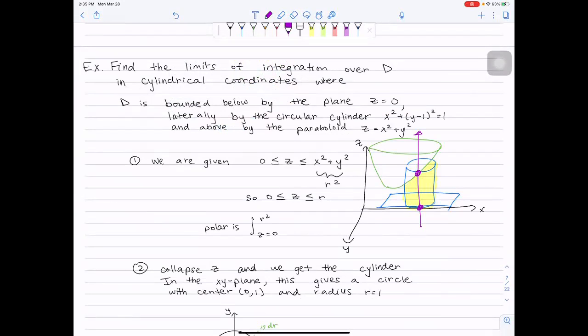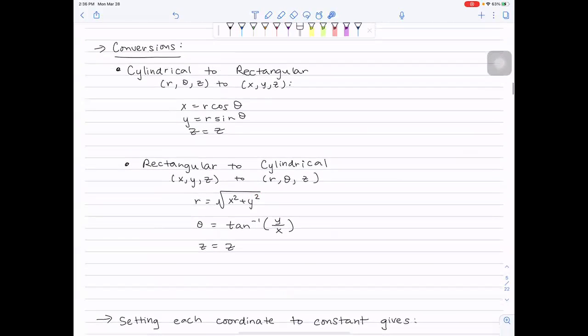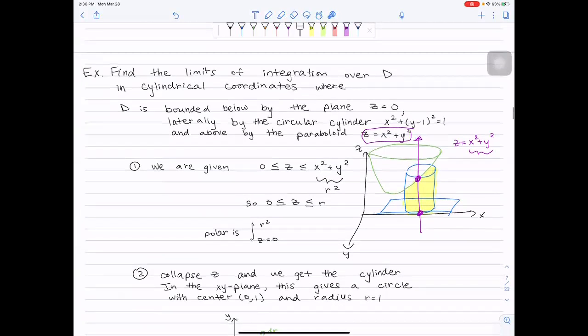The paraboloid was z equals x squared plus y squared. If we want to rewrite it in cylindrical coordinates, what is x squared plus y squared? Rectangular to cylindrical, x squared plus y squared is r squared. So let's write z equals r squared.